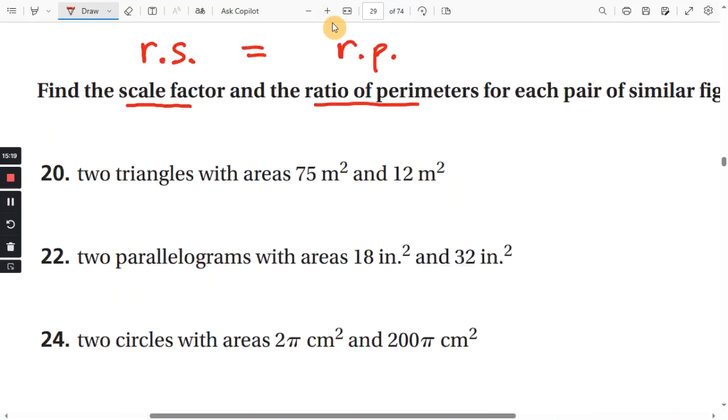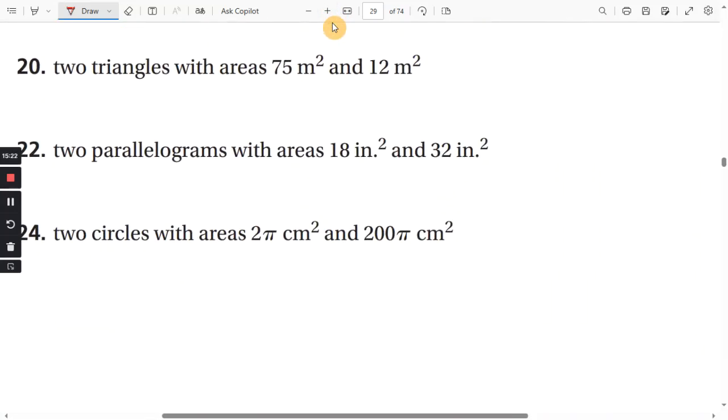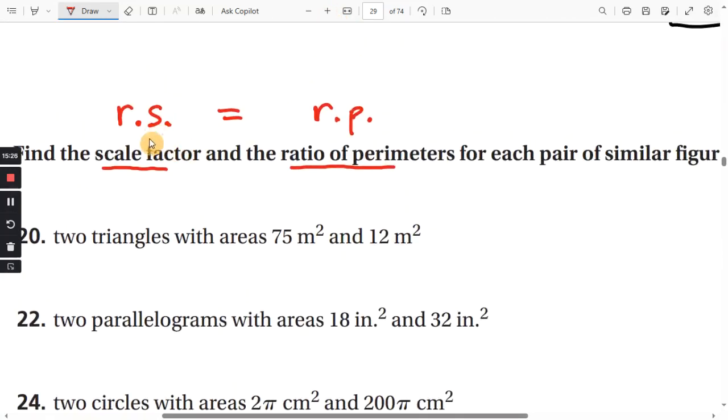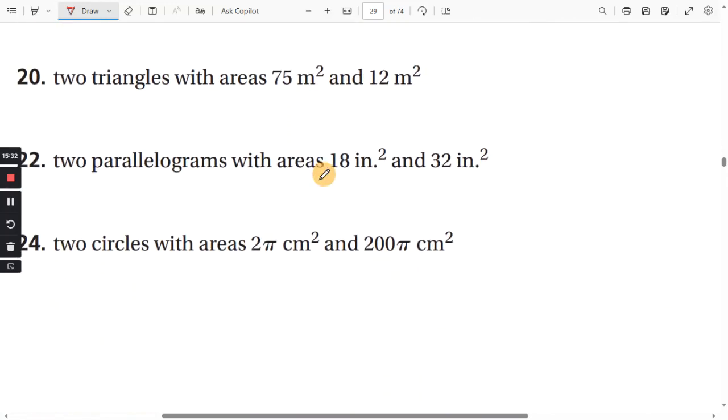All right, let's start with number 20. They give us the ratio of the areas, and we want to find either one, the scale factor or the ratio of the perimeters, same thing.